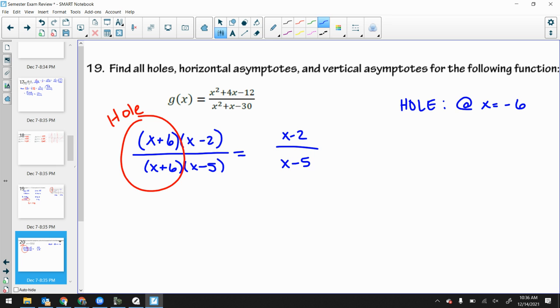If you want to find the exact coordinate, just plug it into the reduced function. -8 over -11, 8 elevenths: -6 comma 8/11. But I'm okay with you just giving me the x value. Okay, holes, check.